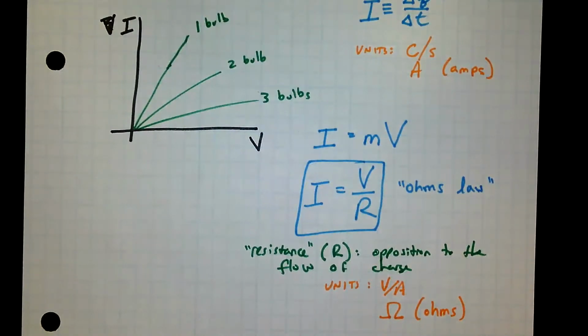In our graph that we made, how is the slope going to be related to resistance? Close. Our slope isn't volts over amps, though.